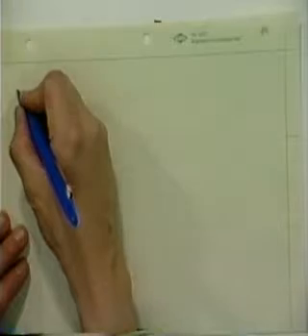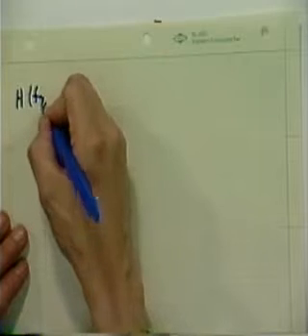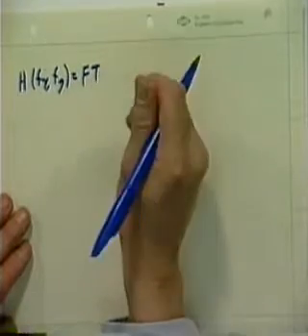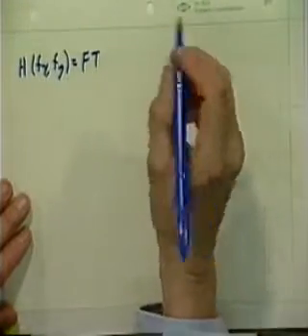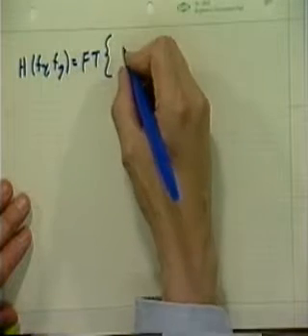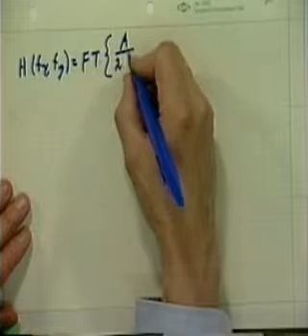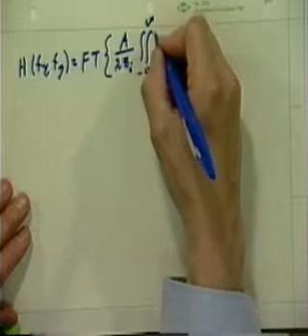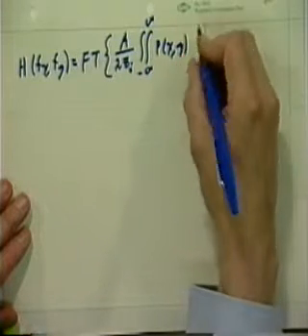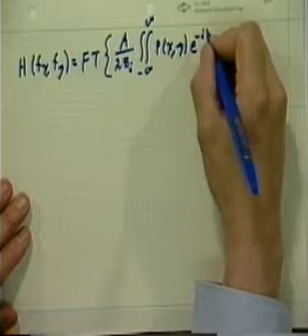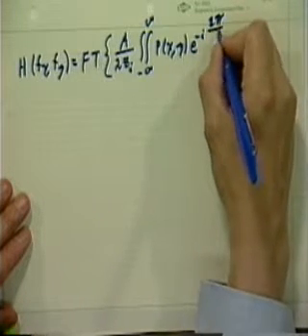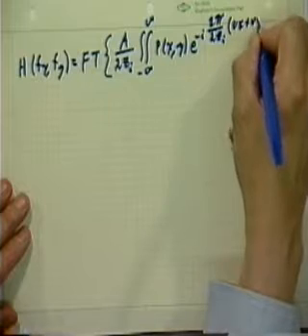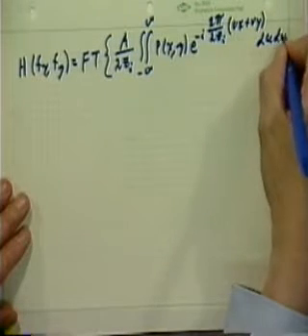So this H of f sub x, f sub y is a Fourier transform of a over lambda z sub i, integral here, P of x and y, e to the minus i 2 pi over lambda z sub i, ux plus vy, du, dv.